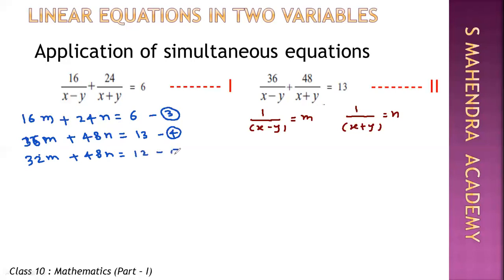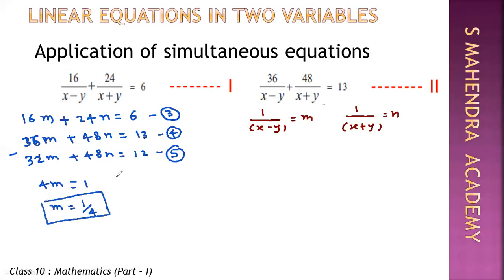This will be equation number 5, and after subtracting equation number 5 from 4, we will get 36m minus 32m, which will be 4m. 48n minus 48n will be 0, and 13 minus 12 will be 1. So m will be 1 upon 4. So here the value of m is 1 upon 4.